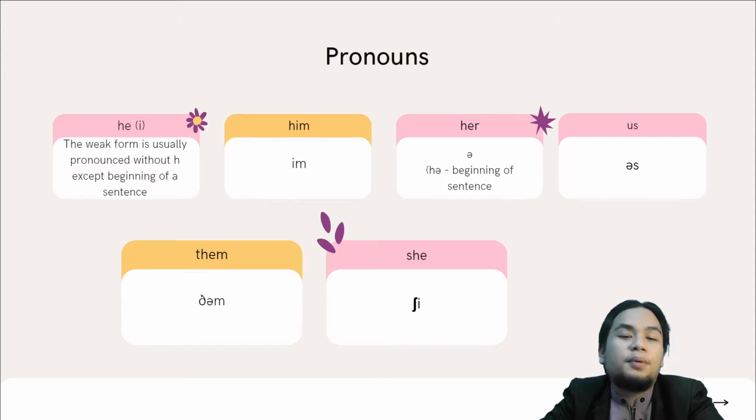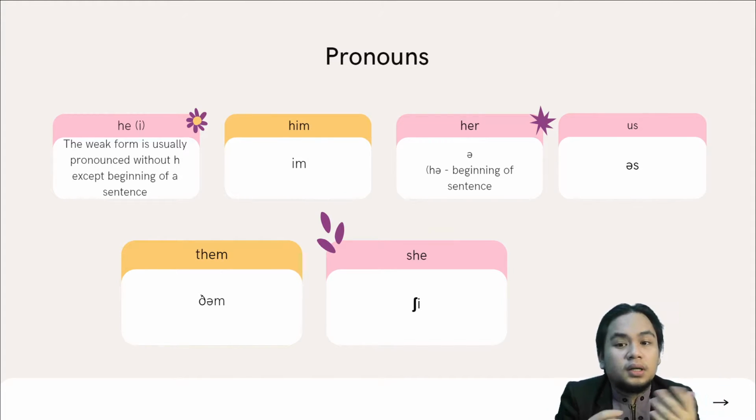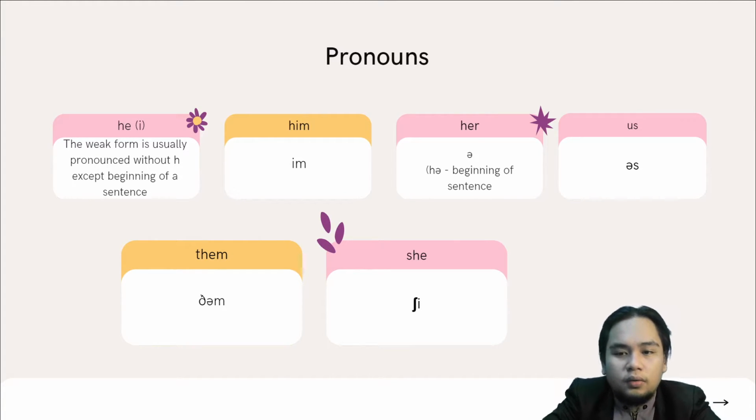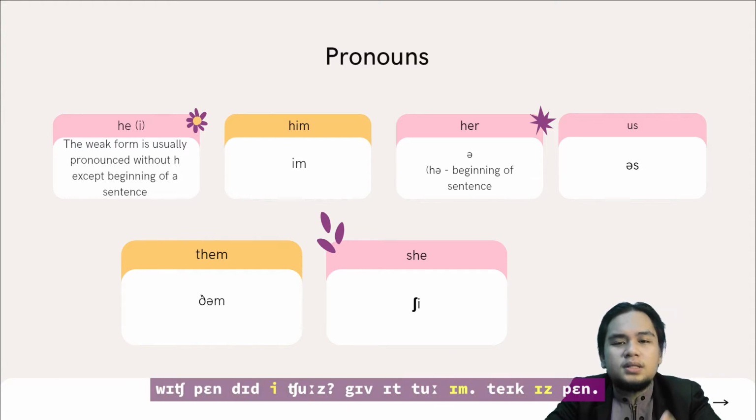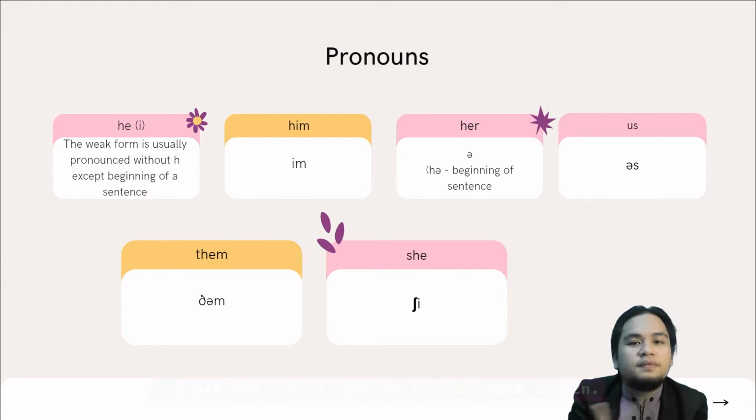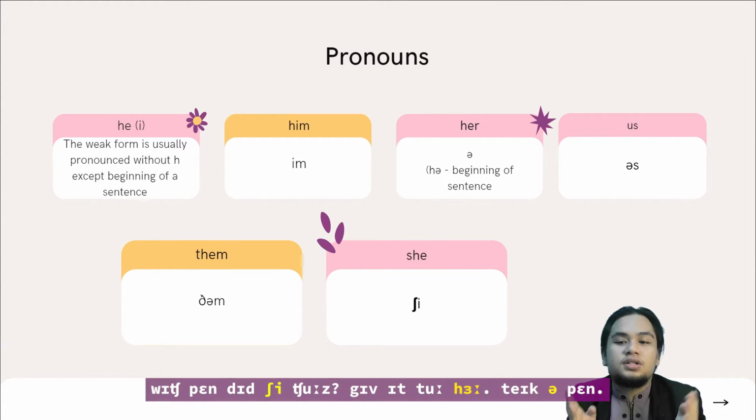Moving on, pronouns. A pronoun is a word that substitutes for a noun or noun phrase. For example, which pen did he choose? Give it to him. Take his pen. So that's for male gender. Let's reverse the gender. Which pen did she choose? Give it to her. Take her pen.